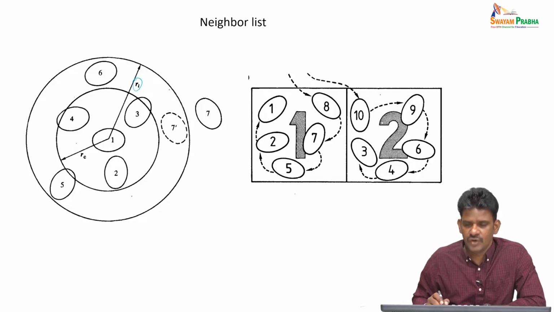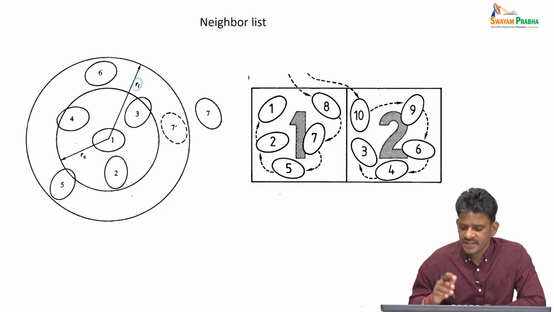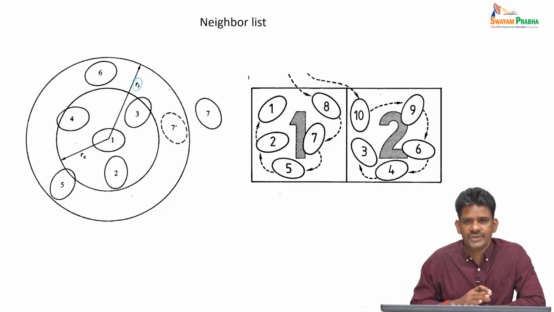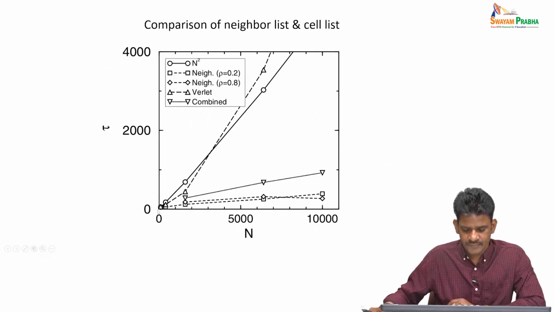The other one is to think of the entire simulation cell broken into smaller cells, assigning the particles to each cell, and then storing the information of which particles are present in each of these smaller cells using a linked list algorithm. So, one can use either the Verlet list or a cell list algorithm to speed up the calculation of forces in MD simulation.